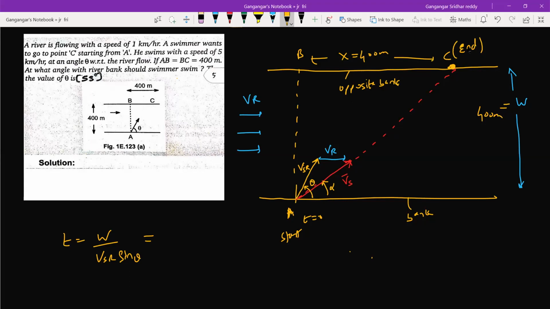So substitute now. What is the width of the river? 400. He swims with a speed of 5 km per hour at an angle theta with respect to the river flow. What is the value of VSR? 5 km per hour. Convert this: 25 by 18.